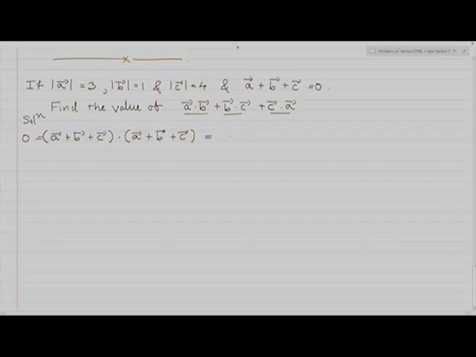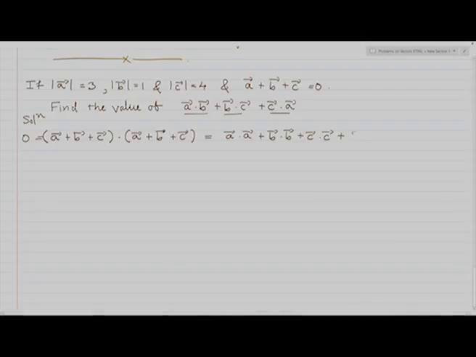Then what I will come up with is A bar dot A bar plus all the terms which are the same, B bar dot B bar, C bar dot C bar, plus all the terms like A bar dot B bar, A bar dot C bar, all of them will come twice.